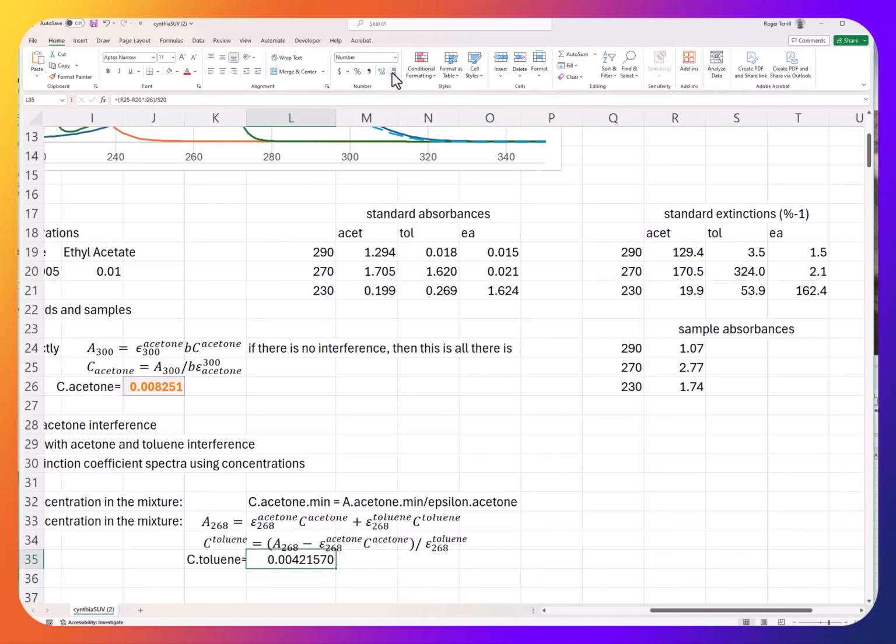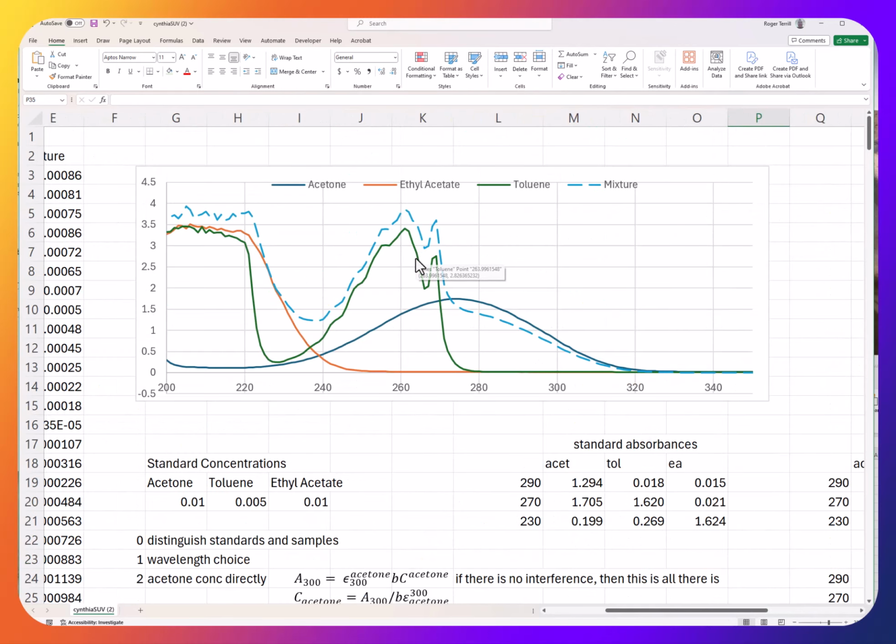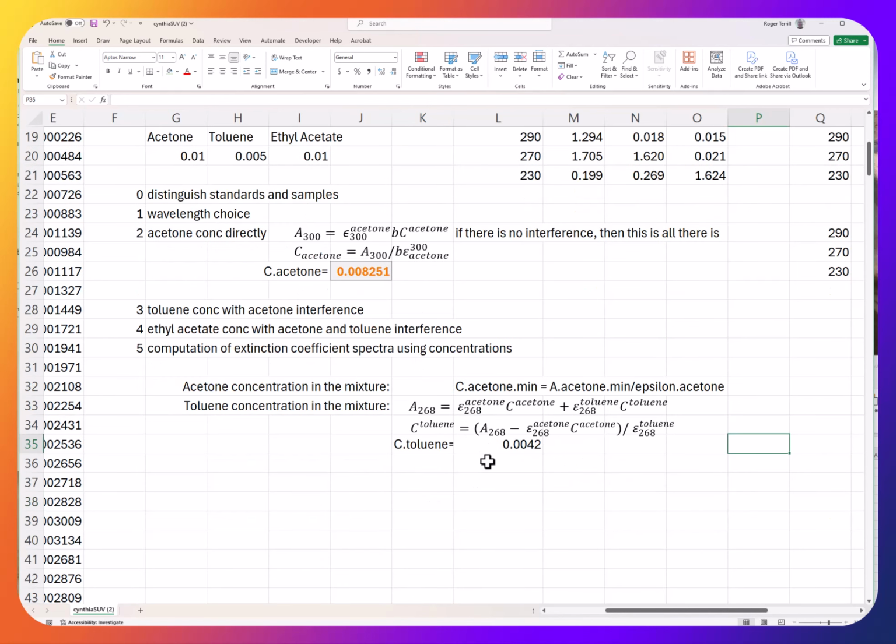And that is a reasonable value, 0.0042. Whew. Because the standard here was 0.005, and in this mixture it's 0.0042, which makes sense since it's on top of this acetone here. That is our second calculated value.